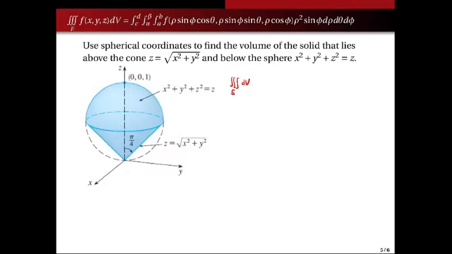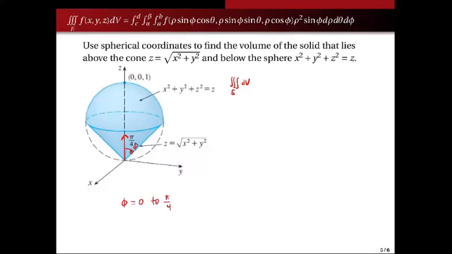So in here, we clearly see for the phi part, it's from the positive z axis going to the part of the cone. So our phi will be from 0 to pi over 4.